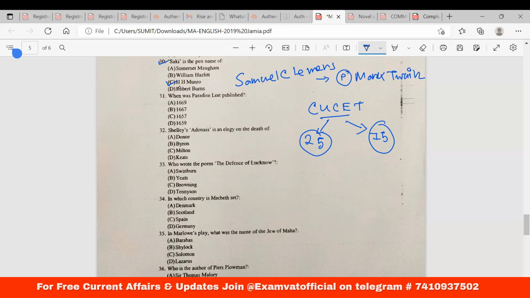So Mary Ann Evans, who took the pen name George Eliot, so that she could flawlessly write in the very male-dominated writing industry.